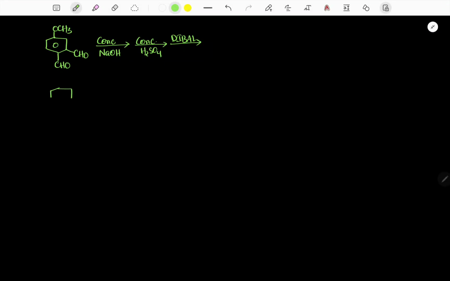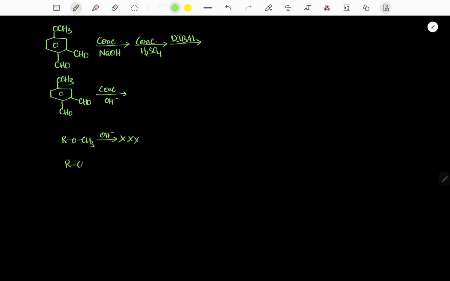The reactant has an ether functional group and an aldehyde functional group, and it is treated with concentrated OH minus. We know that when an ether is treated with OH minus, there is no reaction.